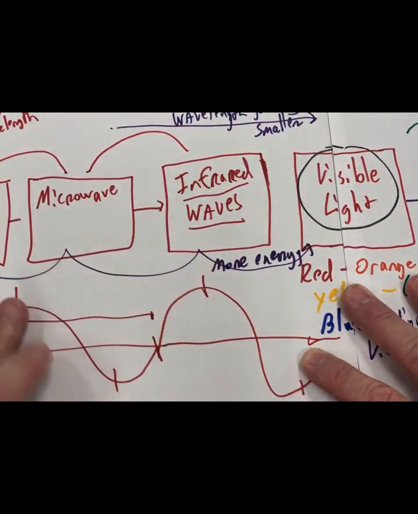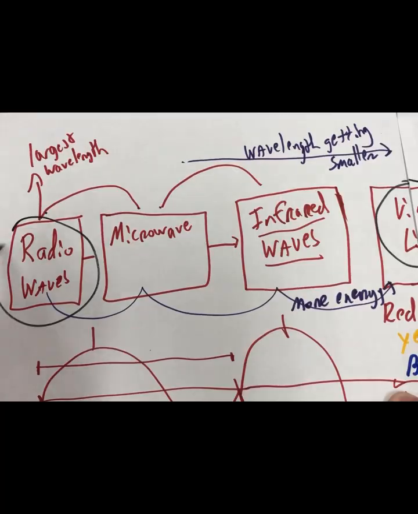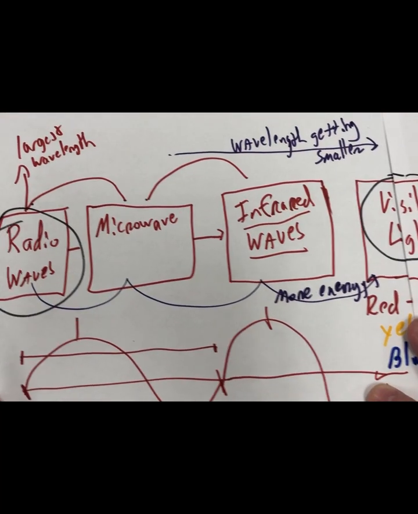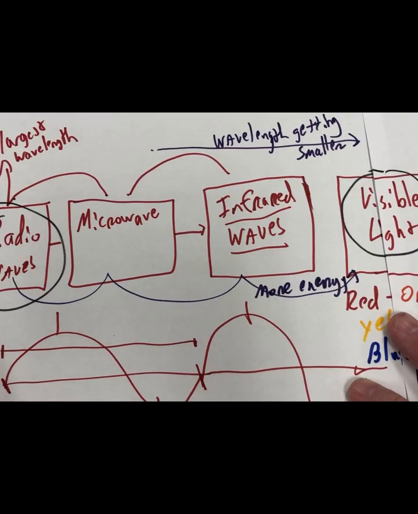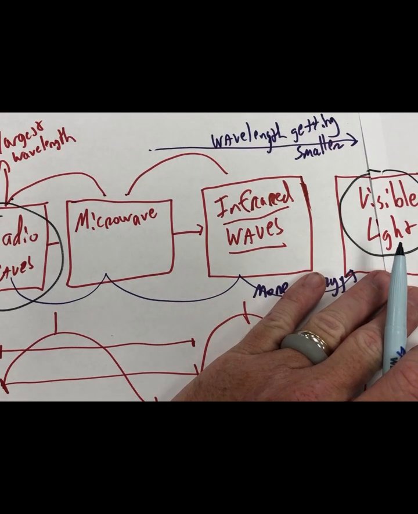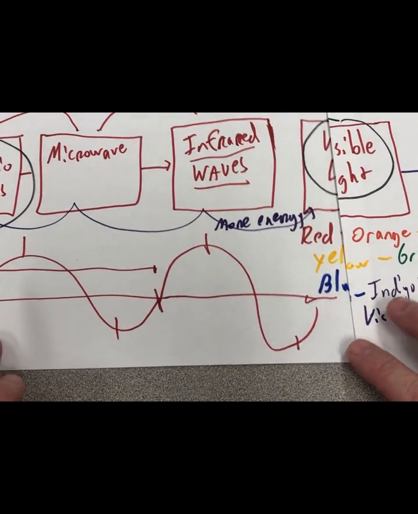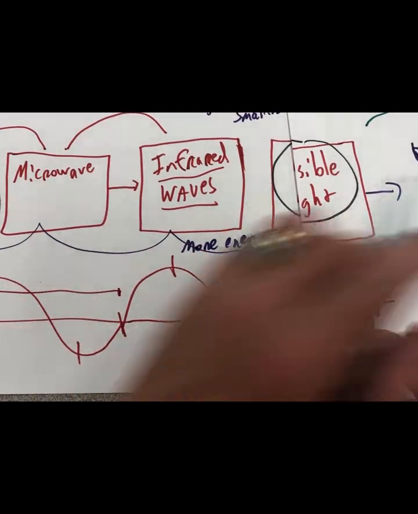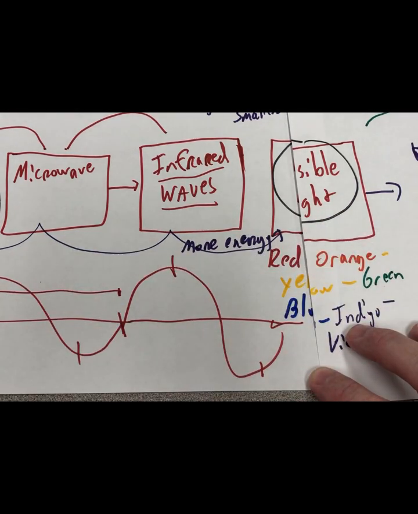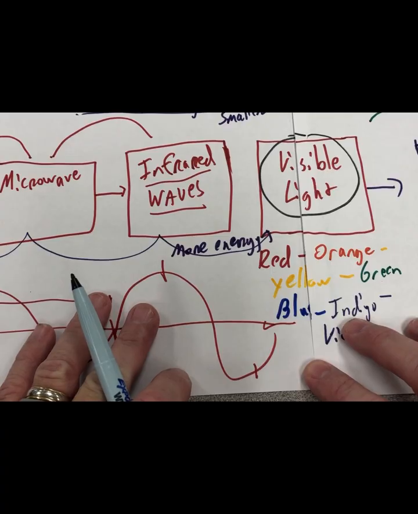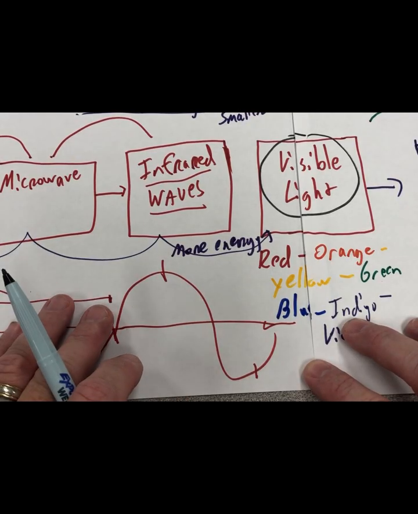Visible light and radio waves can both penetrate Earth's atmosphere, okay? Now, temperature-wise, if you go from radio all the way over to gamma, temperature increases. And you would measure the temperature of these waves in Kelvin, because you're dealing with high-level temperatures.